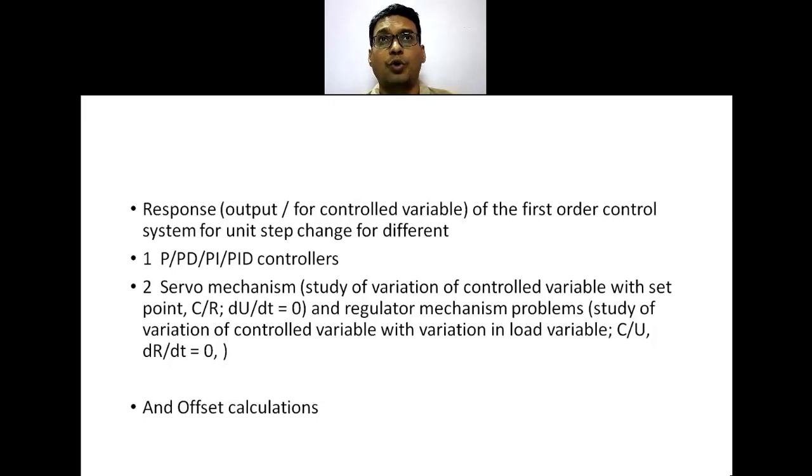What will be the output for a certain specific change, whether it's a unit step change, a sinusoidal change, a ramp change, or an impulse change, whatever the change may be. But we are going to study its response, that is the dynamic behavior. Dynamic means that it is going to change with respect to time.